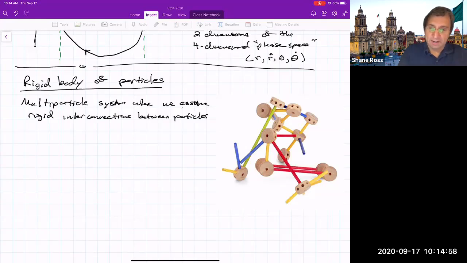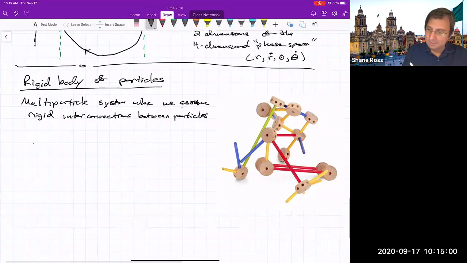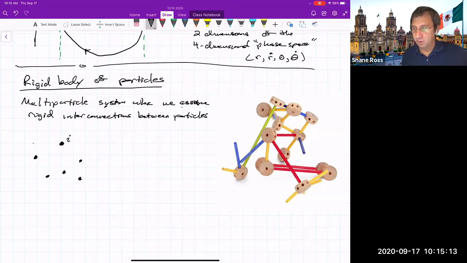So it's as if we have some particles, like here's particle I, everyone's favorite particle. And then we've got other particles. Instead of letting these things evolve freely, we say that there's a rigid interconnection between any 2 particles. So here's particle J. The line between those 2 is fixed.